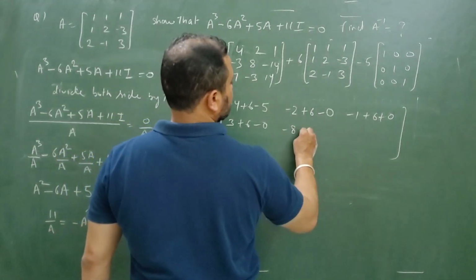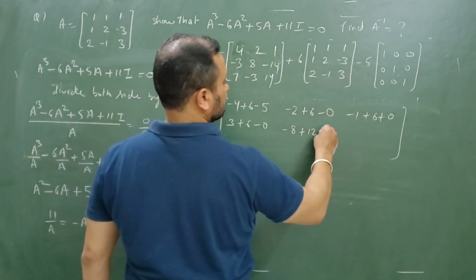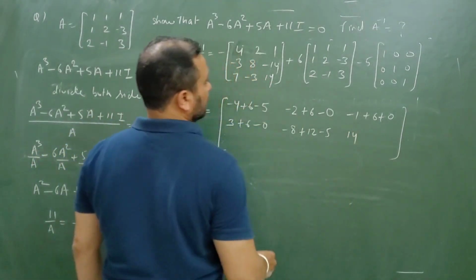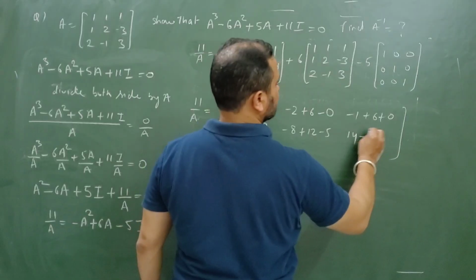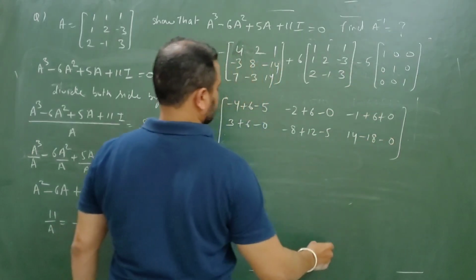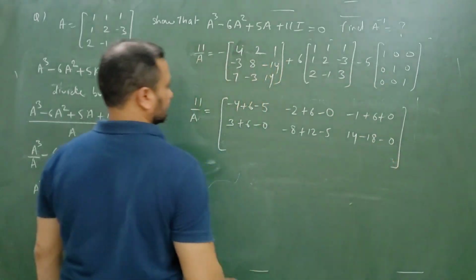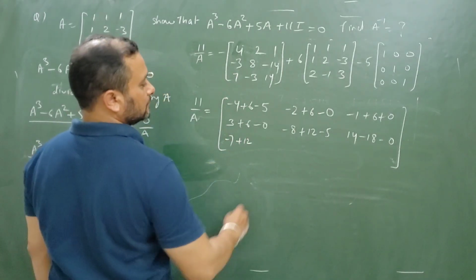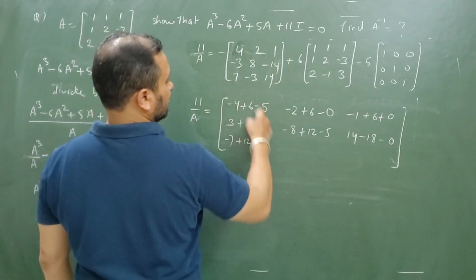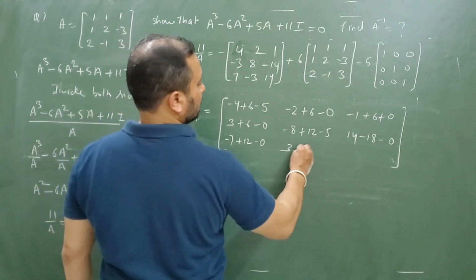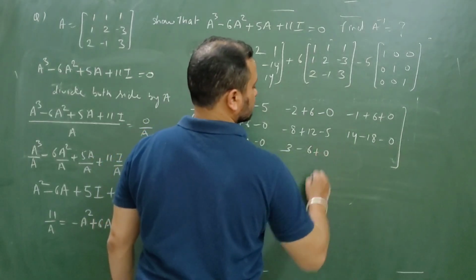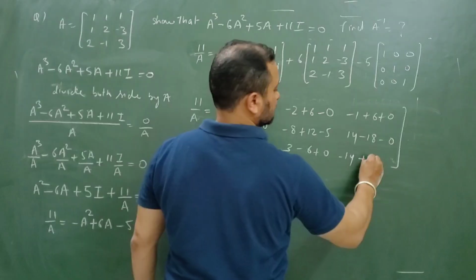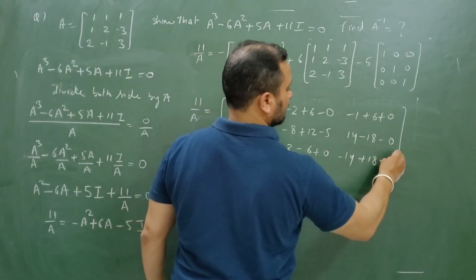-8, 6 2s are 12, -5 and 14 minus 18 is 0. Minus of 7, 6 2s are 12 is 0. Minus minus plus 3 minus of 6 is 0. Minus of 14, 6 3s are 18 and minus of 5.